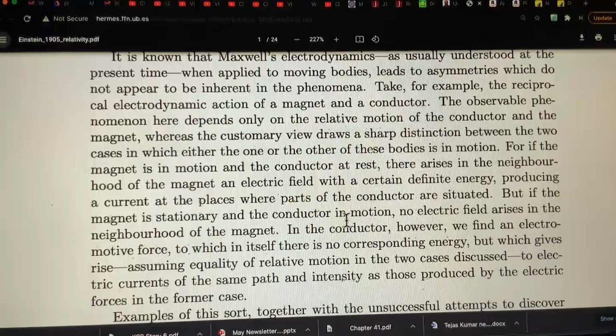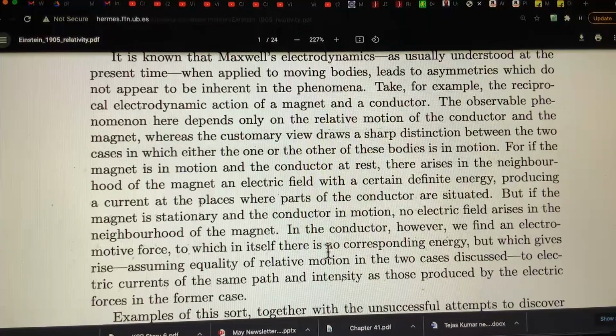Whereas in the other case, if the magnet is stationary and the conductor is moving, then there's no electric field. But this moving coil in the magnetic field of the magnet creates some kind of an EMF, an electromotive force, and that drives the current.